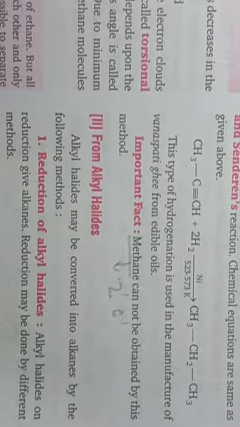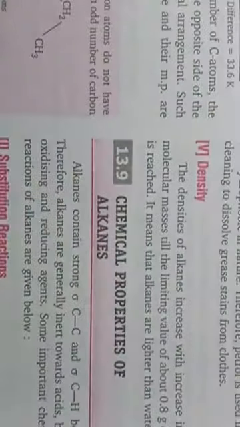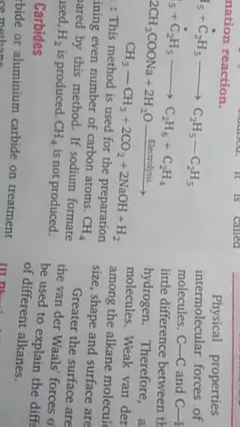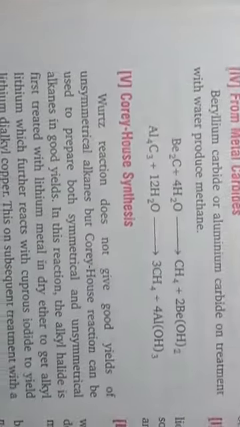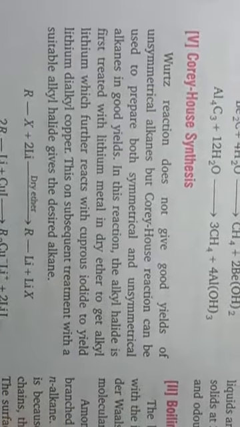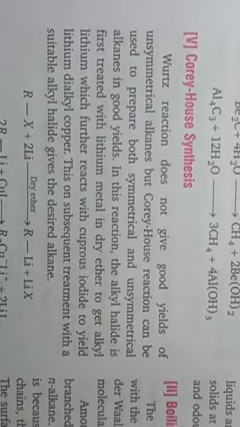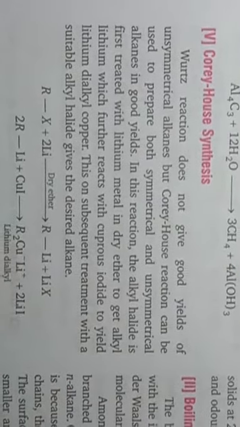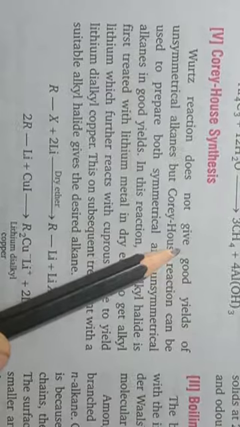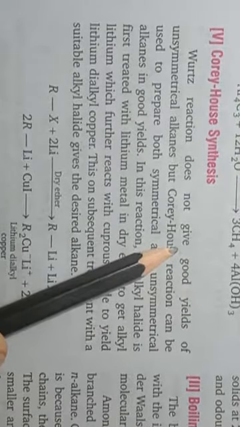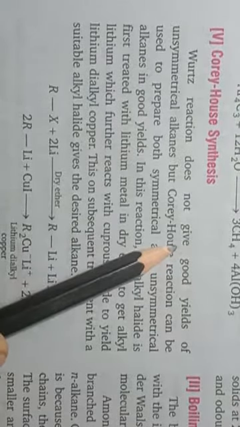Okay students, the next preparation is Corey-House synthesis. According to this reaction, we can prepare any type of alkane. Any type of alkane means alkane containing odd carbons or even carbons.